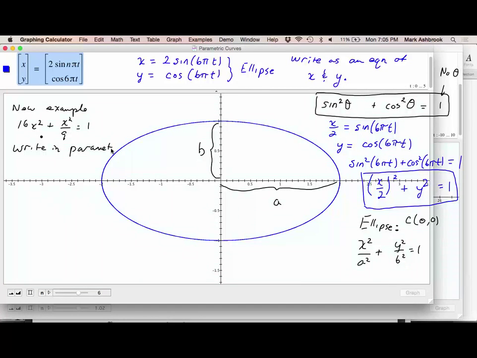First one's 16x squared, this one is y squared. Okay, write it in parametric form. You need to use a little ingenuity here, not much, just a little. Of course, you're applying this. You've got to see how this applies. See if you can do it.